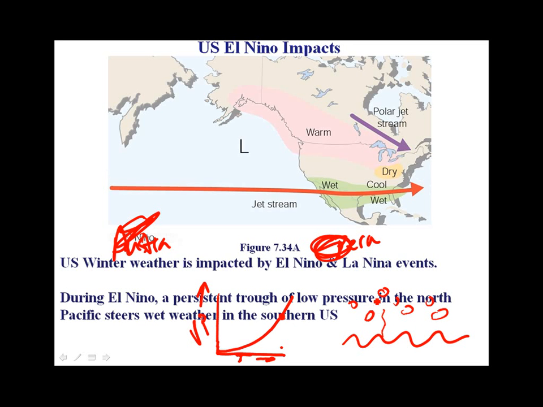Now, what happens when we produce condensation? Well, we go from water vapor to liquid. We have a phase change. When we go from water vapor to liquid, we release latent heat. Do you recall that?